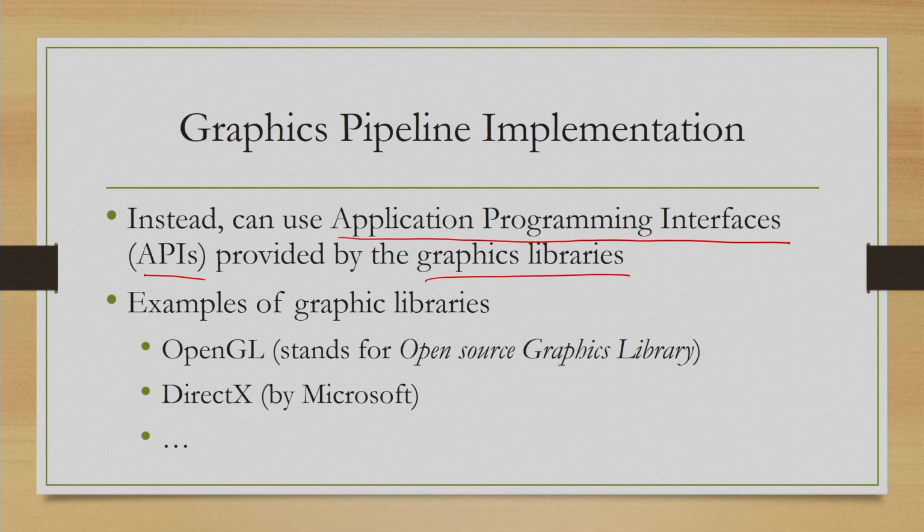There are many such libraries available. Very popular ones are mentioned here: OpenGL, which is an open source graphics library which is widely used. Then there is DirectX by Microsoft, and there are many such other commercial libraries available which are proprietary, but OpenGL being open source is widely accessible and useful to many situations.